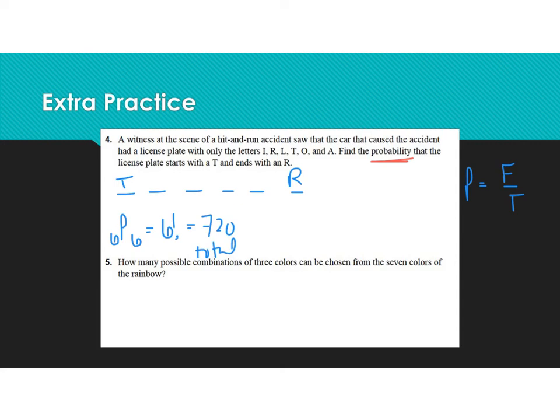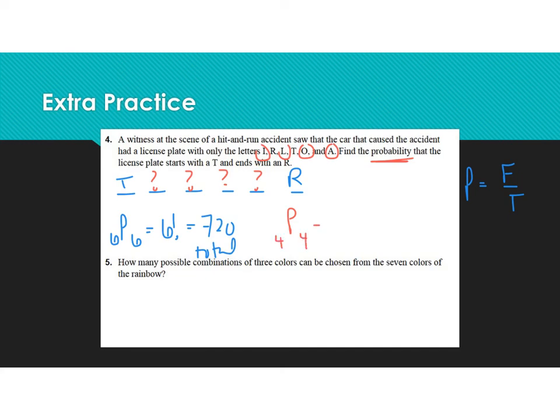So favorable would be that the first one is a T and the last one's an R. So there's not options for that. But for the rest of it, we have 4 in here that can be anything, right? So you're going to have some combinations of those other 4 letters. We're down to 4 letters, right? We took out 2. We have 4 letters total, taking 4 at a time.